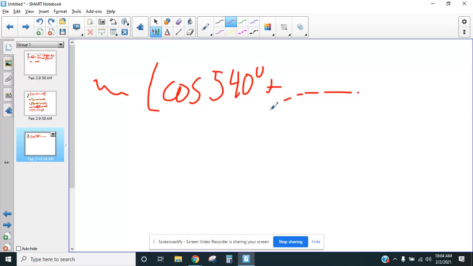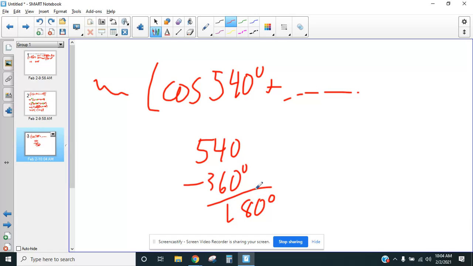So if you need to go backwards, take a lap off of the circle. What's 540 minus 360? 540 is the same as 180. And because it said answer in exact terms, you might have to find it on the unit circle.